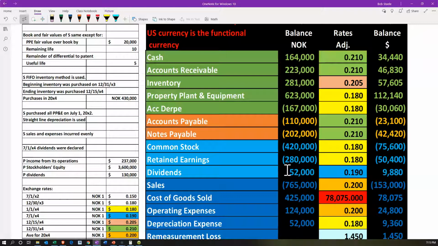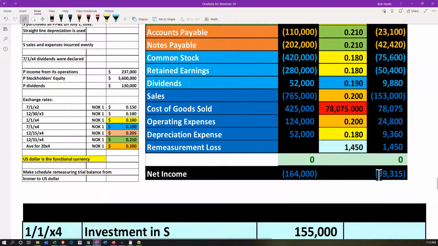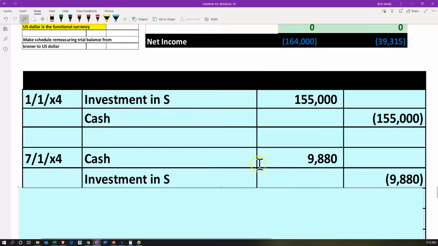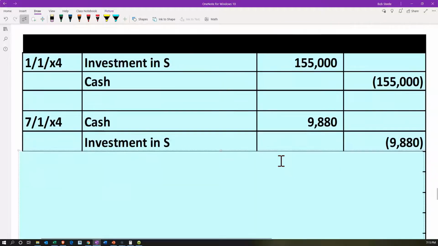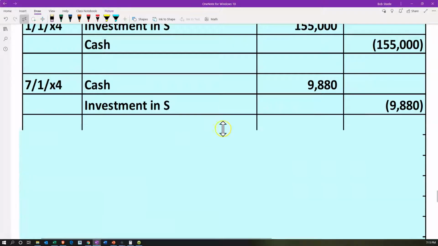And then we would still have to revalue them, however, at the 9880. Or we might have exchanged them for cash once we receive them, possibly resulting in a gain or loss at that point. But either way, we would record it either as cash or as foreign currency units at that point in time. I'm going to record it as cash here, so we're going to debit cash in US dollars. So 9880 debit, and we're going to credit the investment for the 9880.